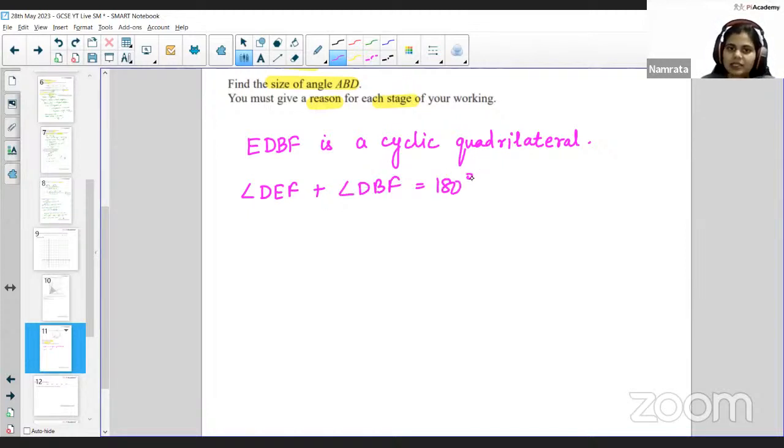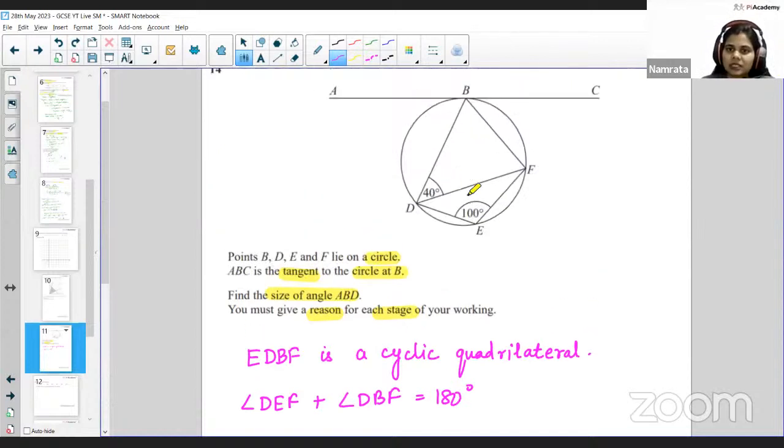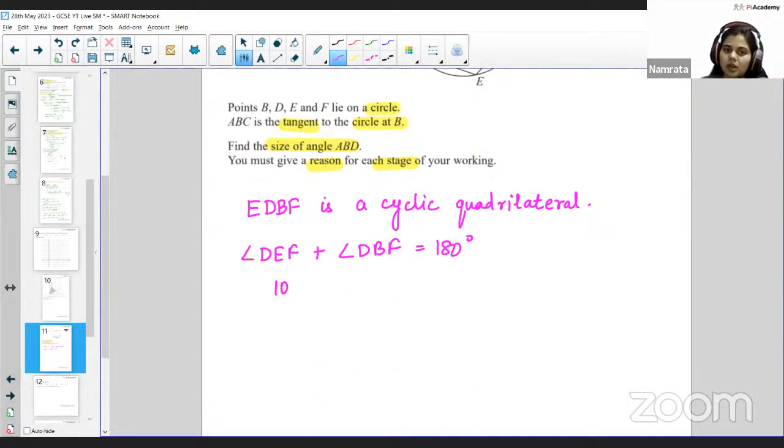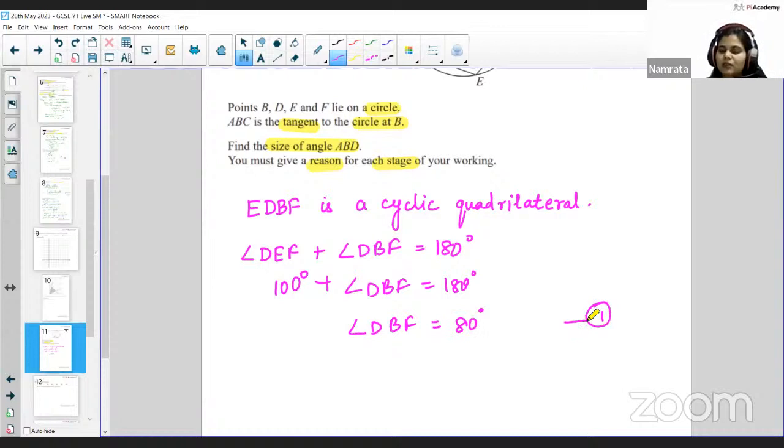Am I right? This one, DEF, and this one, DBF. Since we already know this is 100, 100 plus angle DBF will be 180 degrees, which means angle DBF will be 80 degrees. That gives you your first measure of angle.